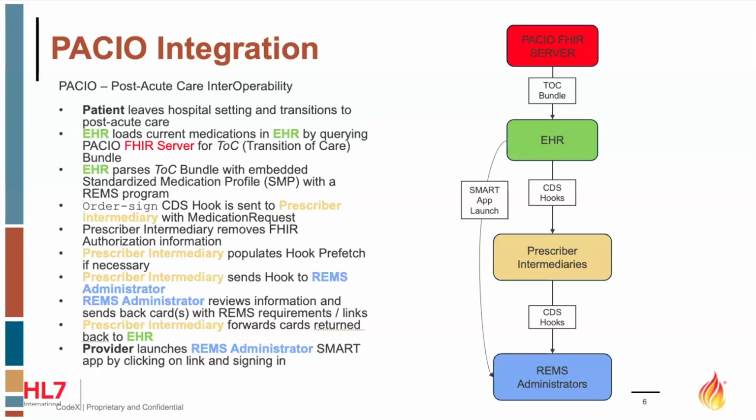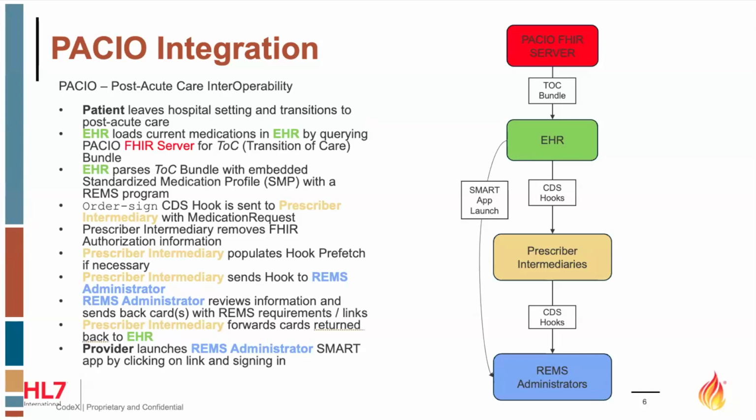We're looking here to integrate with PACIO, and what we're looking to do is basically, a patient leaves the hospital setting and transitions to post-acute care. The patient would have already had a REMS medication prescribed to them. And so when they're going to this post-acute care in a SNF, skilled nursing facility, this transition of care bundle is going to be sent over to the EHR within the skilled nursing facility.